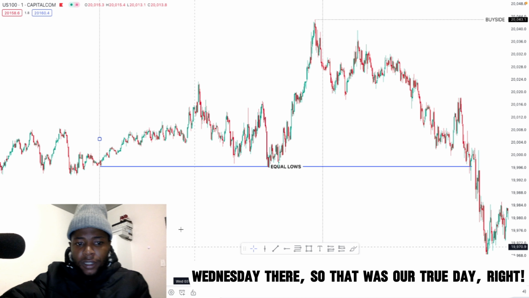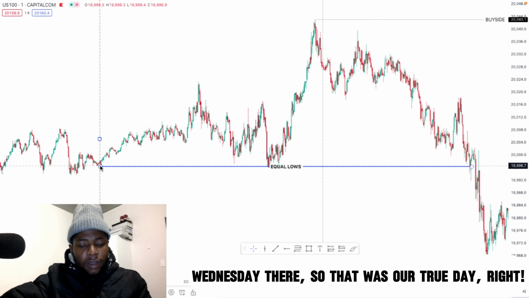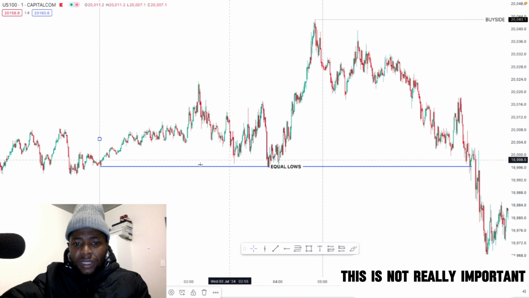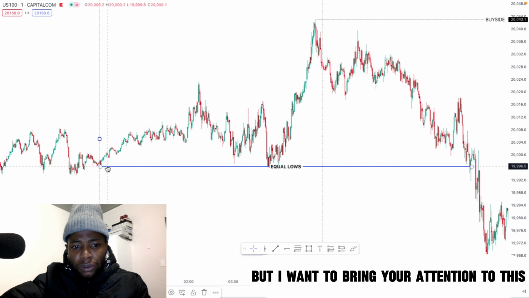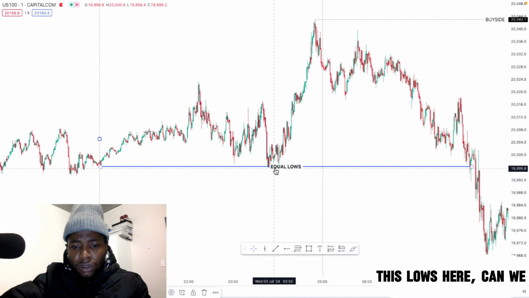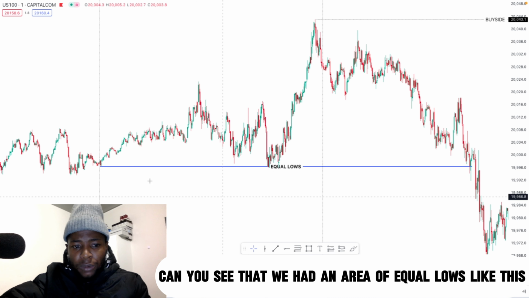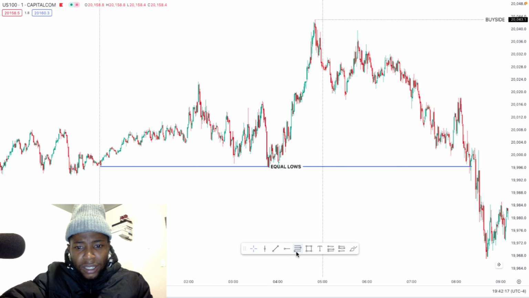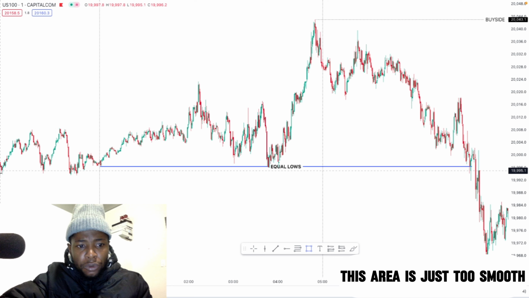Wednesday day. So that was our true day, right? This is not really important, but I want to bring your attention to these lows here. Can you see that we had an area of equal lows? Like this area is just too smooth, right?